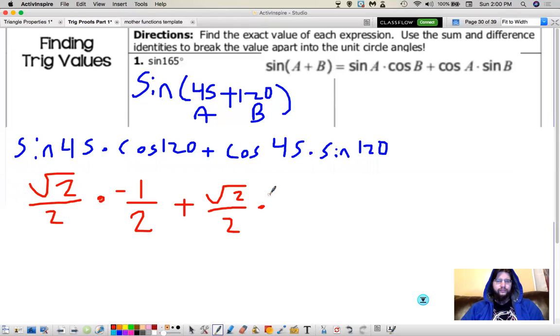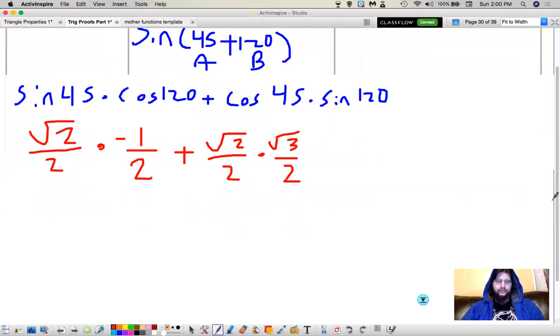So now you're going to manipulate this just like any old fraction. That's negative square root of 2 over 4, when we multiply numerator, numerator, denominator, denominator. Plus, we multiply square roots and multiply the inside parts. So 2 times 3 is 6. So that's square root of 6 over 4.